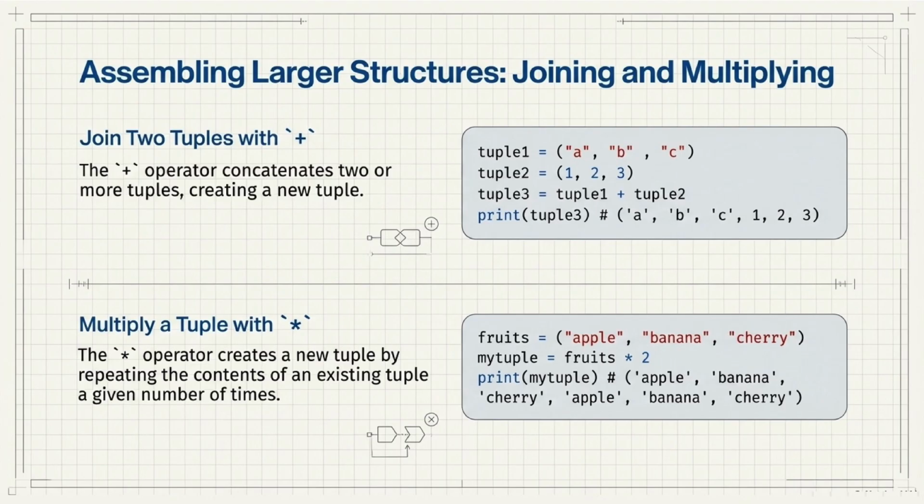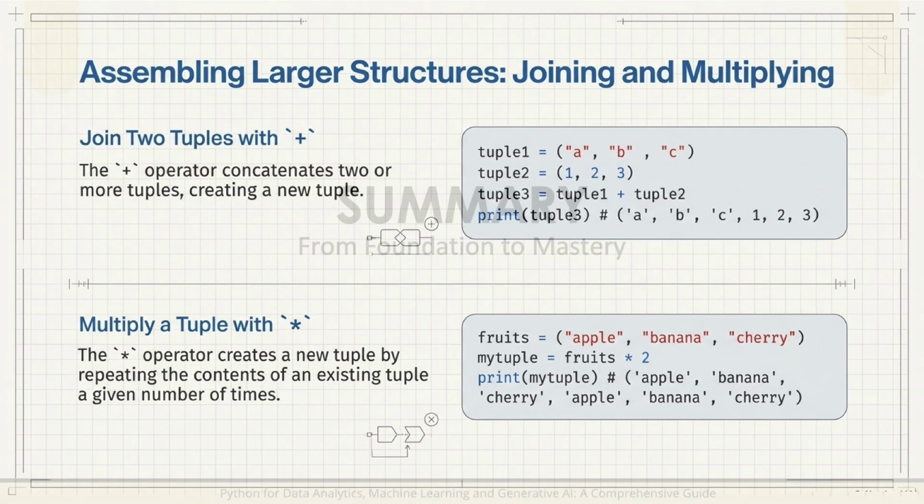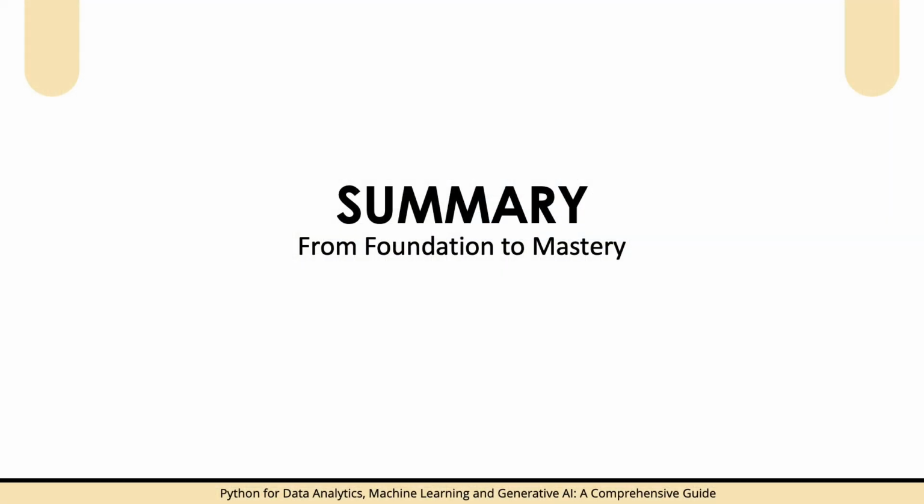This technique is especially helpful when you need predictable repetitions of data, such as initializing patterns or creating fixed-size sequences. Together, tuple joining and multiplication provide simple yet powerful ways to assemble larger structured collections while keeping tuple behavior consistent and immutable. Let's summarize the content.